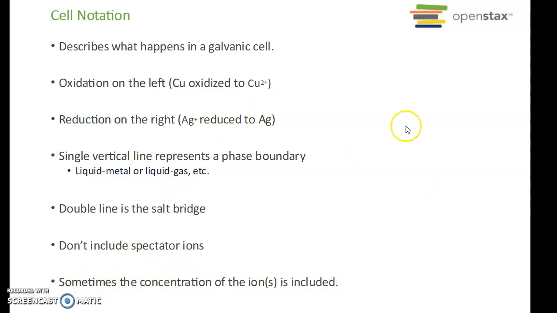So these are all the different ways to denote those reactions, independent of whether you actually have two separate solutions present. But as you see at the bottom of the slide, copper is the one being oxidized, so it goes on the left-hand side, and this is the one that's reduced on this side. Okay?